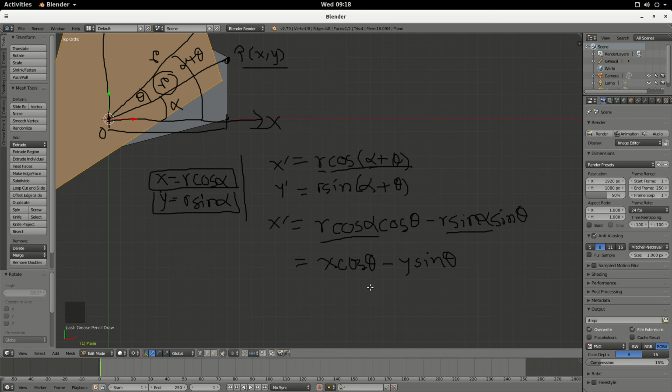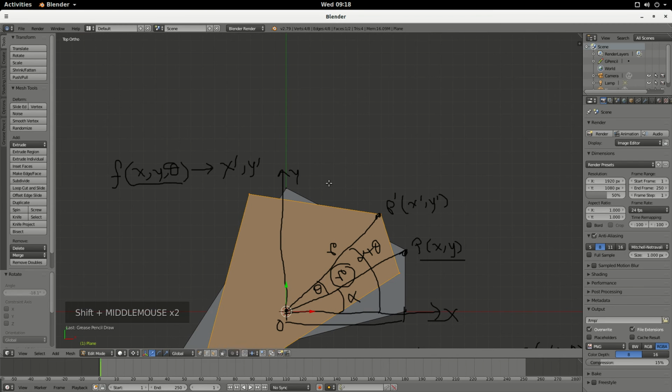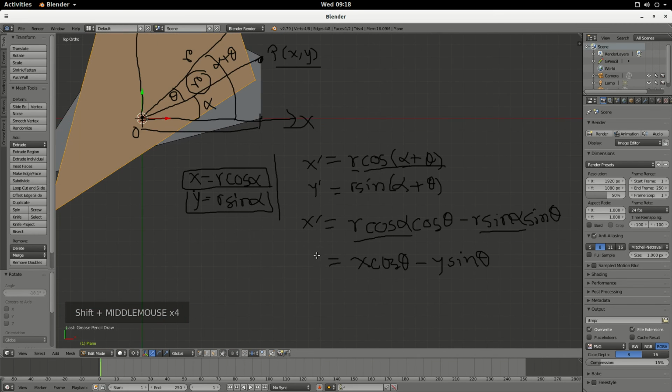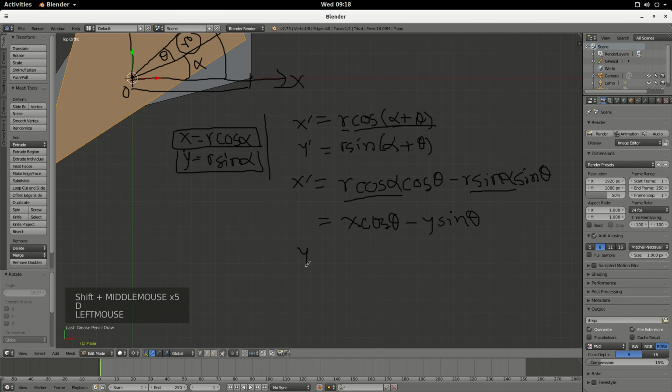So this is so much better now because now we only have X and Y and theta. And all these things are our input right here. So that's for X prime. Can we write another formula for Y prime? How do we go about it?